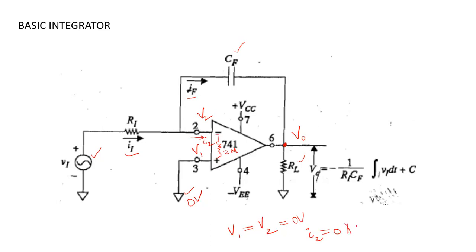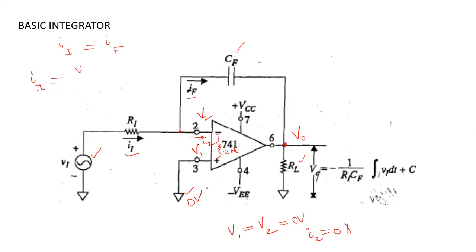Now again, applying Kirchhoff's law at this junction, the current entering the junction and leaving the junction are equal. So Ii is equal to IF. And what is Ii? Ii is the current passing through this resistance Ri. It will be equal to the potential difference across the resistance divided by Ri.